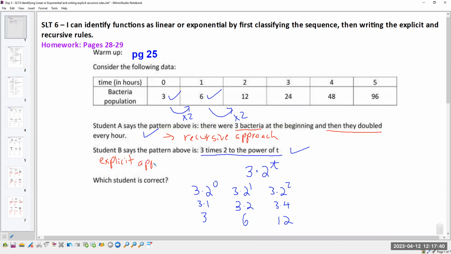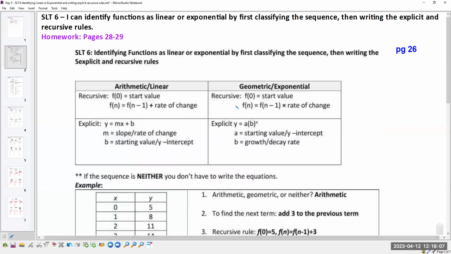An explicit approach means we are writing an explicit formula. So here, this function, like bacteria at time t, is our explicit formula. We can explicitly find any value at any time t versus the recursive approach, which is the description of a pattern.